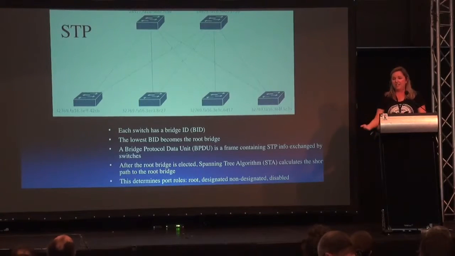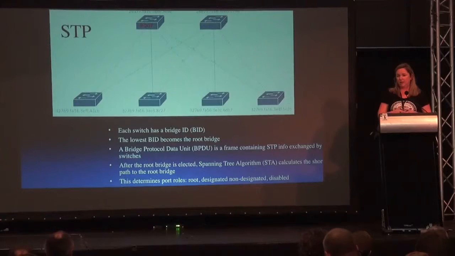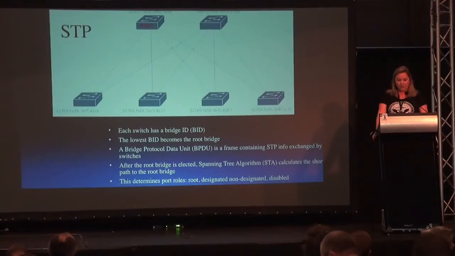As an engineer, you generally make your core switch your root bridge. So that would elect this switch here as the root bridge. Once the root bridge is elected, and this is done through sending BPDU packets, I don't know if you've ever connected to a network and had a look, you may have seen the spanning tree frames coming through every 2 seconds by default.